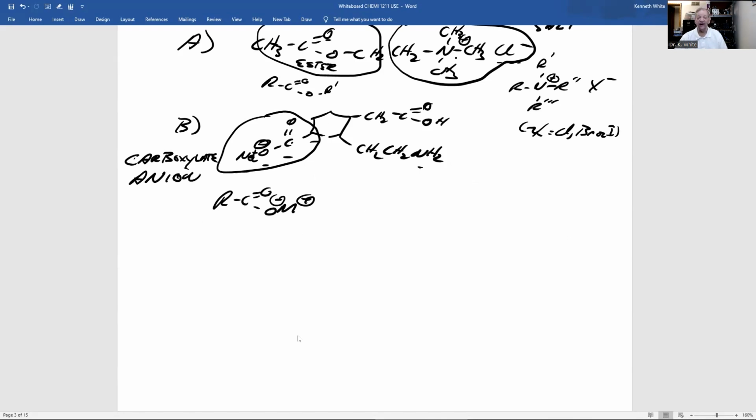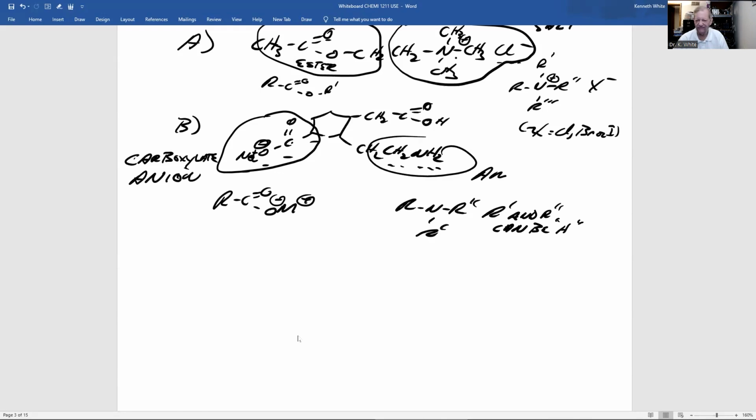Ooh, a nitrogen with carbons and hydrogen. And what is this? It's an amine.